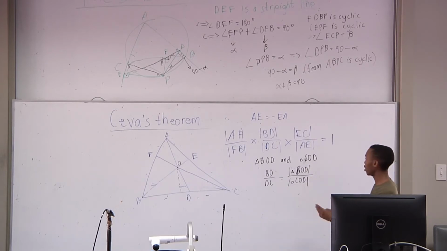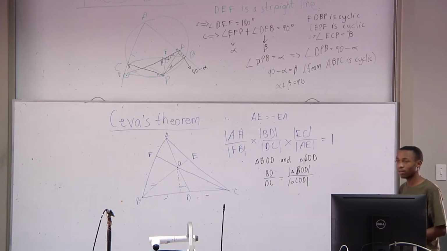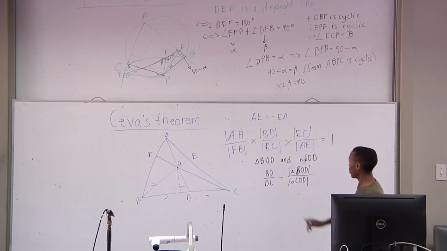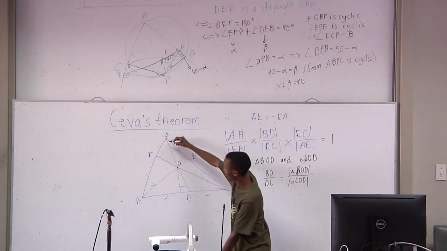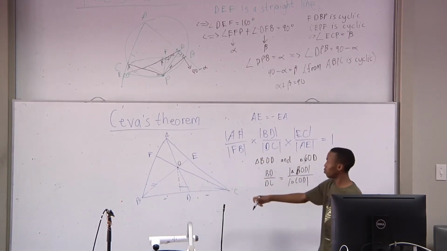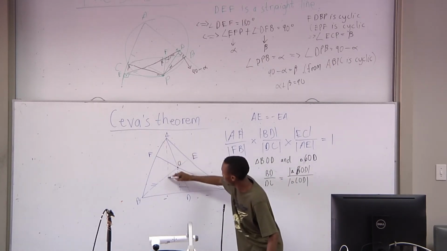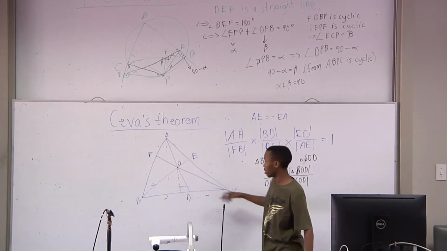We do it for the bigger triangles as well, ADB and ADC, with a common height, so the ratio of these two triangles is just this length over this length.